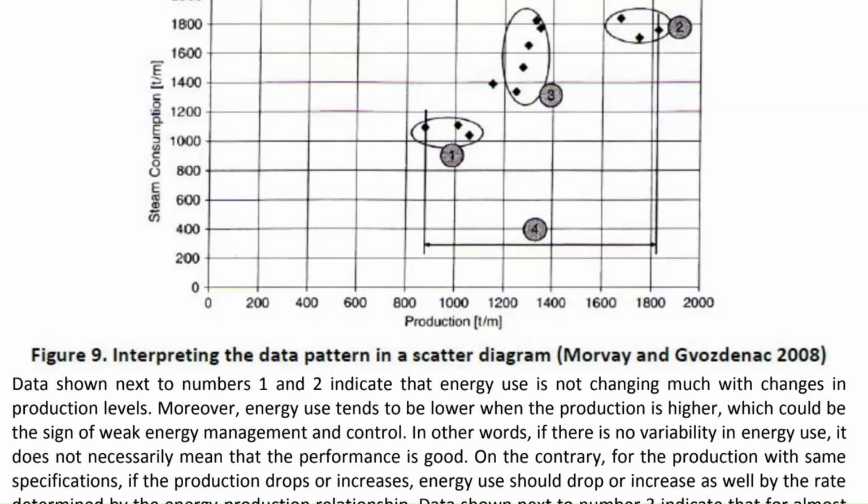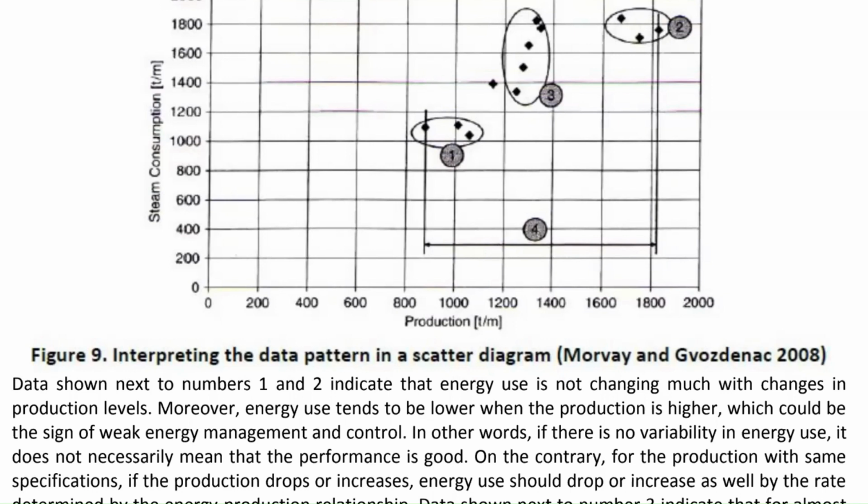For example, in this third group, you can say, although the production is increasing, but at what cost? Here we can see that at the lowest point of the third group, the steam consumption is somewhere around 1350 or 1360, and the production is somewhere around 1250. Okay, that is good enough.